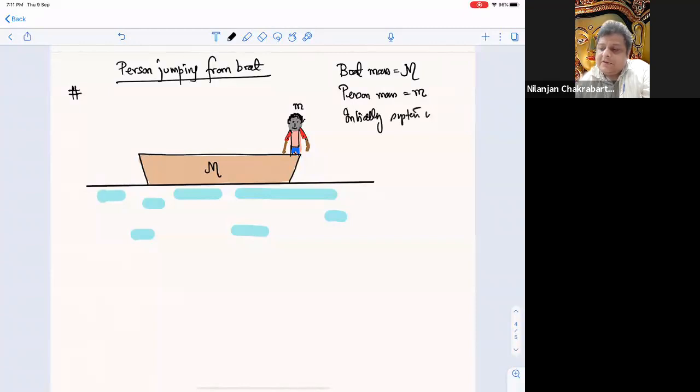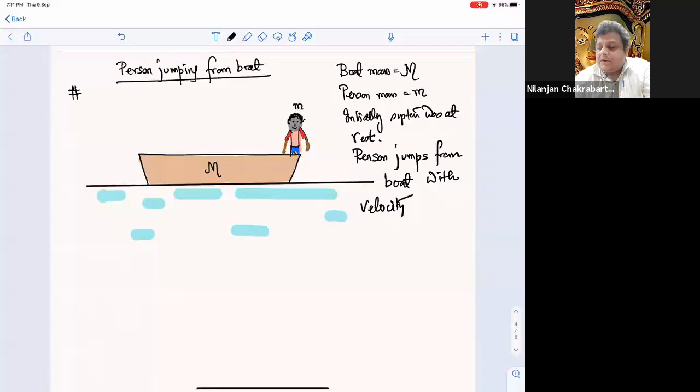Now the person jumps from the boat with velocity v naught relative to the boat. Find the final velocity of the boat.